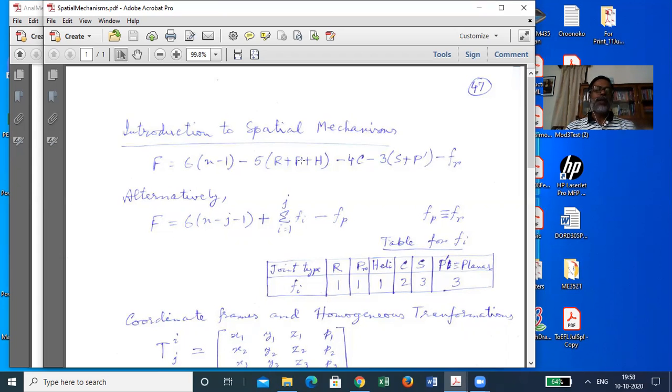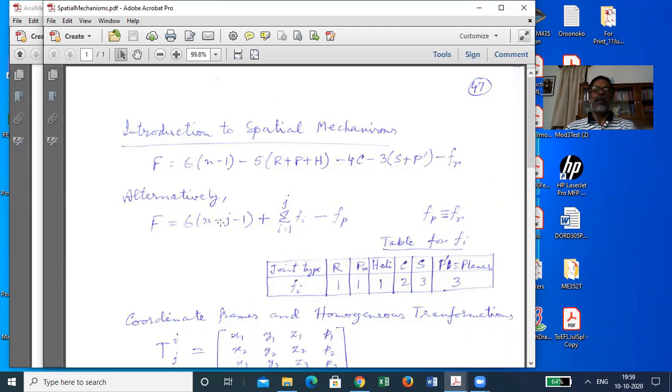Alternatively, you could work it out as 6 times n minus j minus 1. See, I mean 6 times n minus 1 is there, and for every joint you remove 6j. Okay, that is for every pair that you remove from here, as if all the freedoms are gone, but then the freedoms which they offer you add like this.